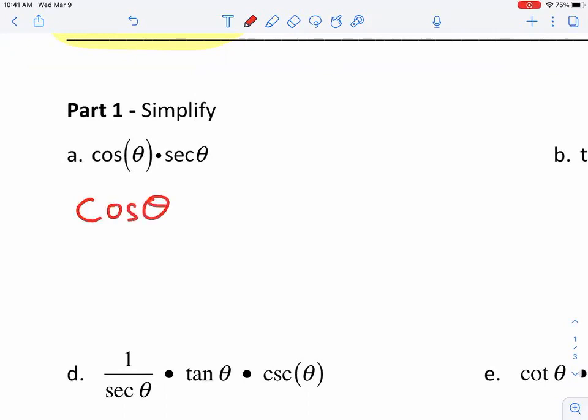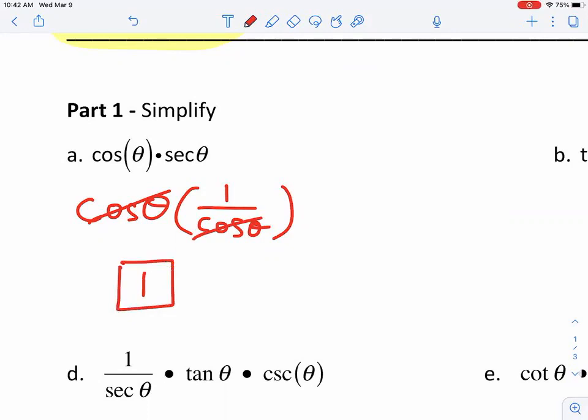The left side is cosine theta, and the right side is 1 over cosine theta, because the secant is 1 over the cosine, right? Now to simplify that, we can just cancel our cosines. Then we get 1. So cosine theta times secant theta equals 1. It reduces to 1.